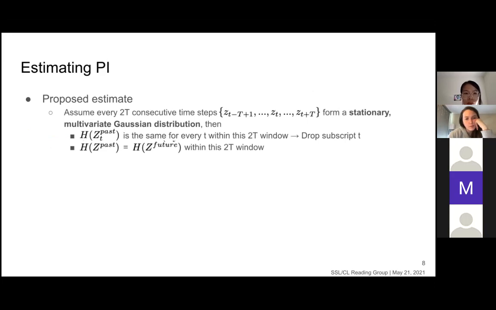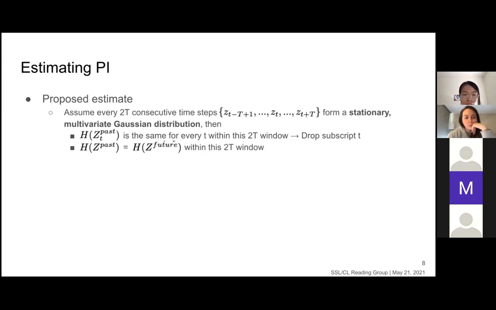They assume that every 2T time steps form a stationary multivariate Gaussian distribution. Under this assumption, the entropy of G past would be the same for each time step within this window, so we can drop the subscript T here. And G past and G future entropy are the same within this 2T window.